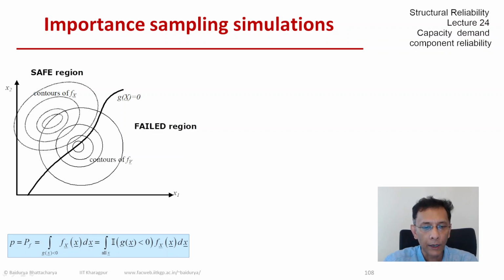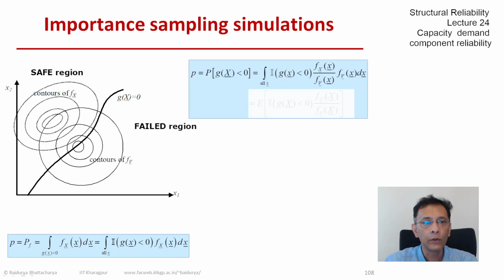Now let us do something interesting, without changing the definition or the expression for p at all. All we do is that within the integration we multiply and divide by the new density function f of v, evaluated at the same point x.